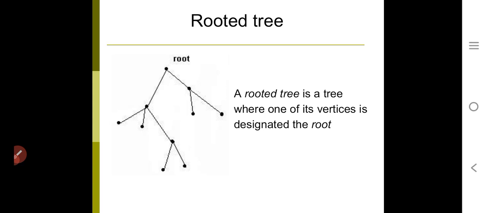Each edge can be assigned a natural orientation, either away from or towards the root, in which case the structure becomes a directed rooted tree. It is a direction that makes the tree acyclic.